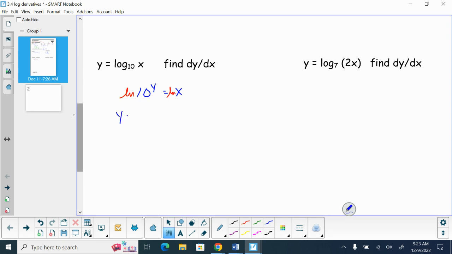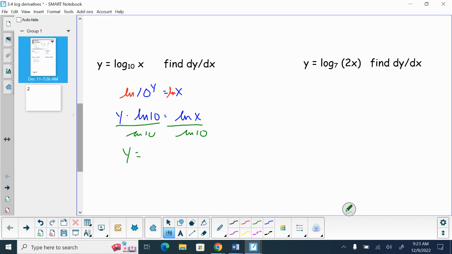So we have y times ln of 10 is equal to ln of x. If we divide both sides by ln of 10, now, ln of 10 is just a number.